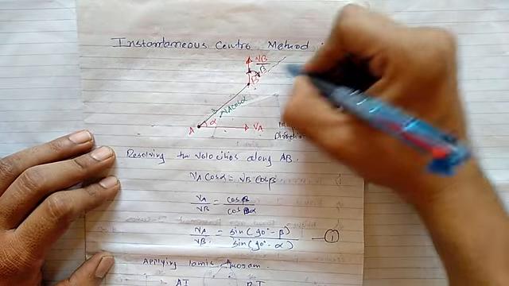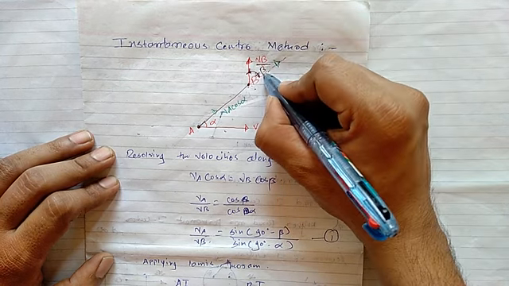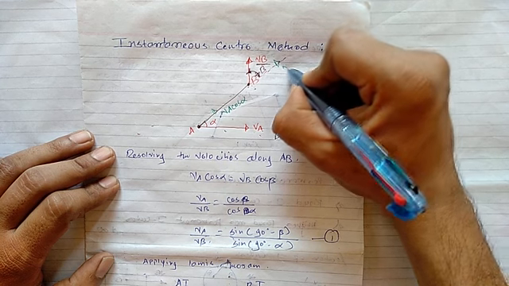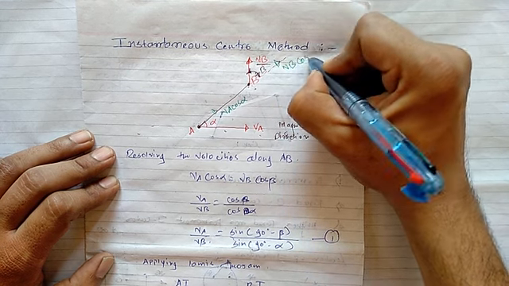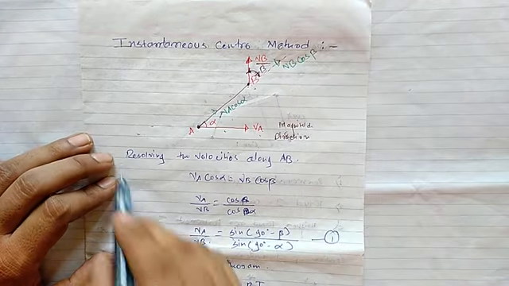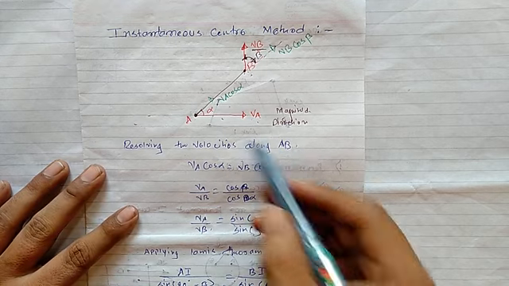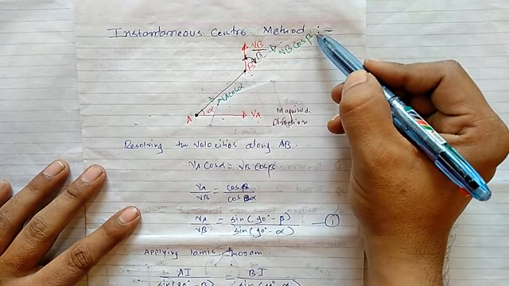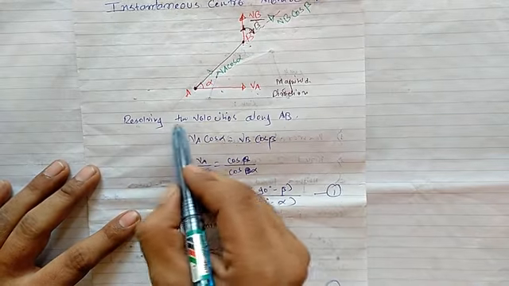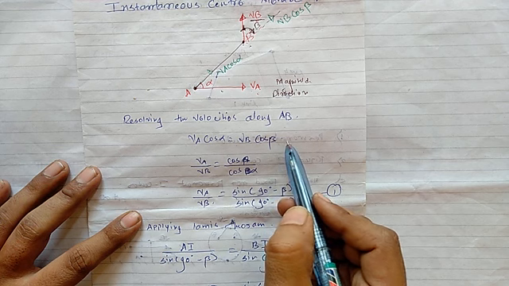In a similar way, if I resolve the component of VB along angle beta, the magnitude is VB cos beta, okay. So resolving the velocity along AB, VA cos alpha and VB cos beta are equal, and that is why, resolving the velocity along AB, VA cos alpha is equal to VB cos beta.